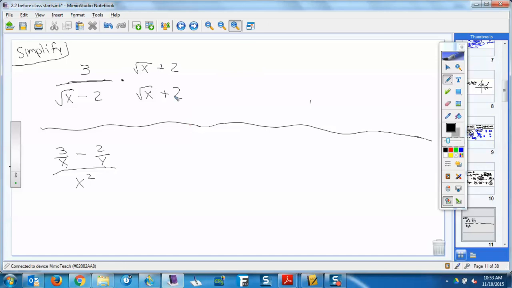So we'll just take a second here to practice this real quick. So that would end up giving me 3 root x plus 6 on top. And what would I end up with on the bottom? X minus 4, right? It gets rid of that radical for us.